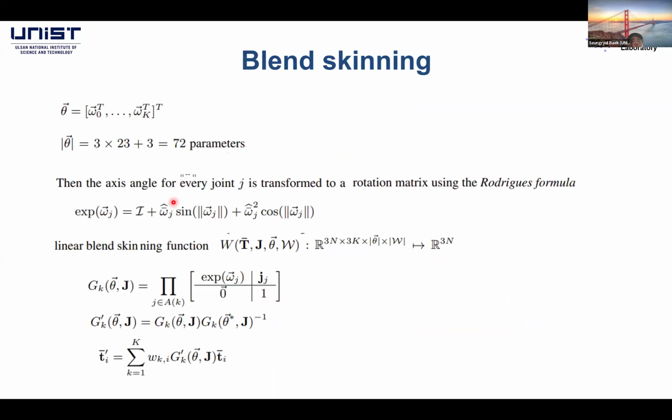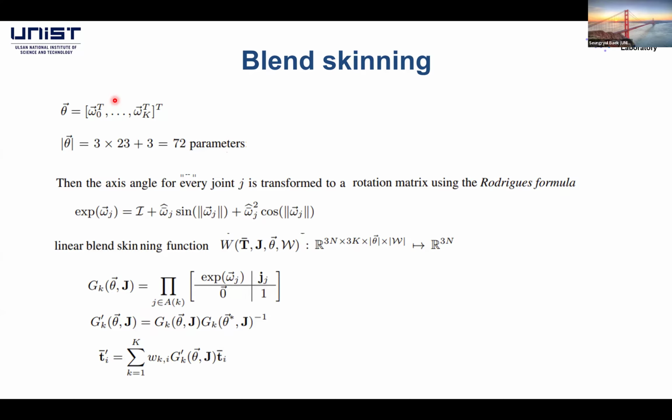And here we actually have that. Theta is defined as the rotation angles, three-dimensional rotation. K means the joint number, 23 actually, and each omega has 3 angles. So this omega has the XYZ rotation angles, 3-dimensional rotation angles for the K joints, and that is actually the pose parameter of the SMPL.